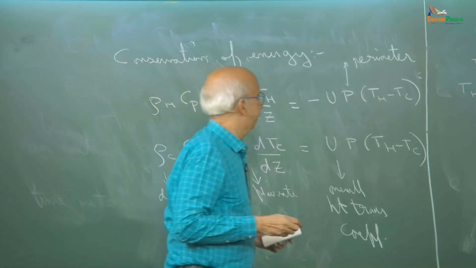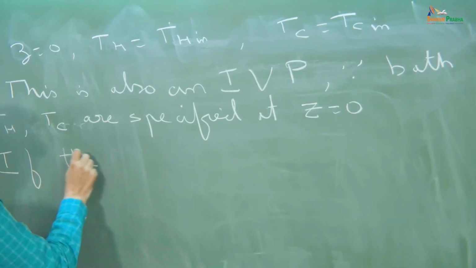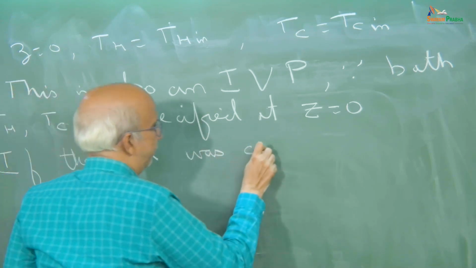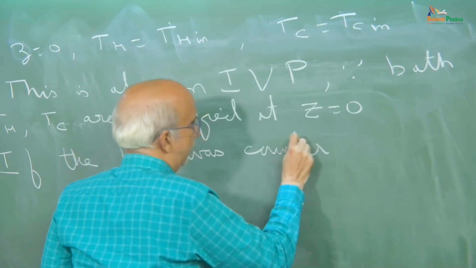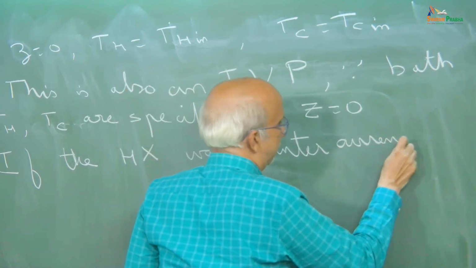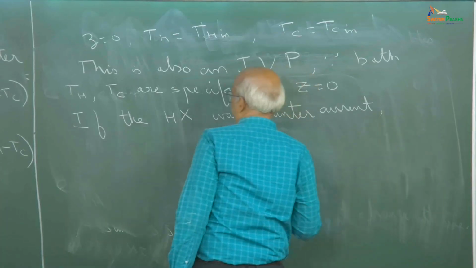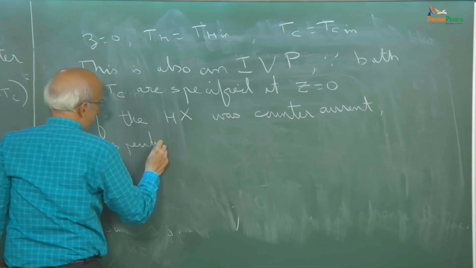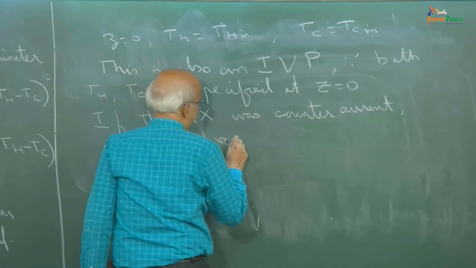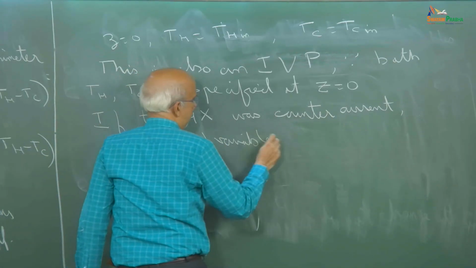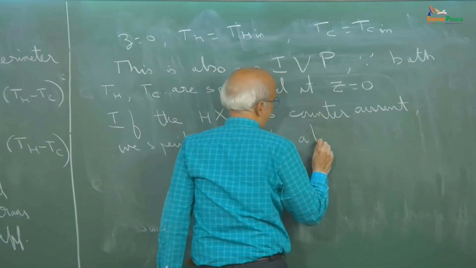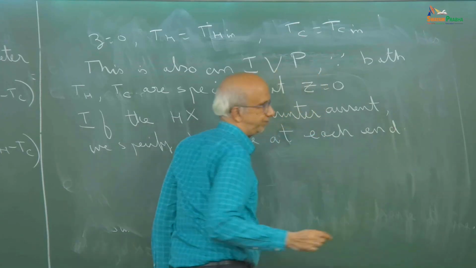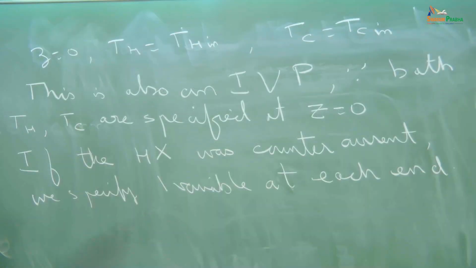So, if the heat exchanger was counter current, then we specify one variable at each end, one at the left end, one at the right end.